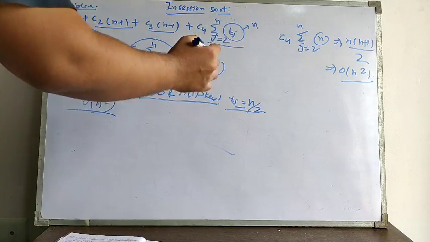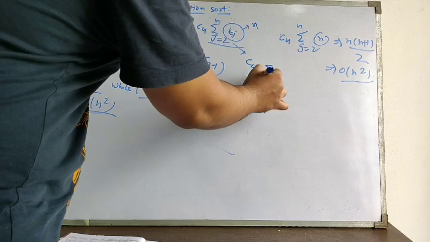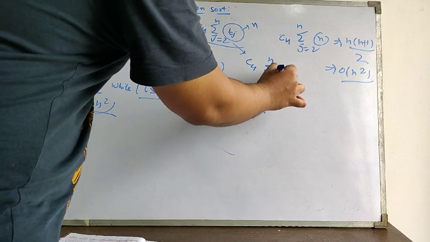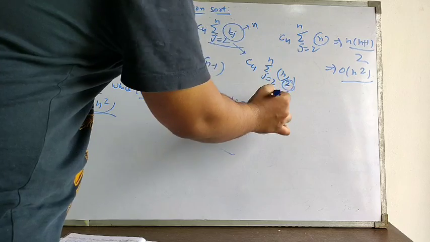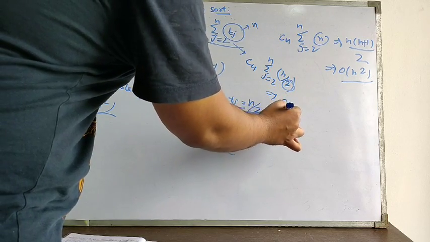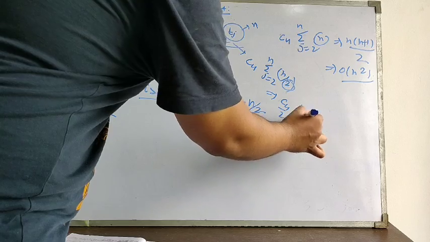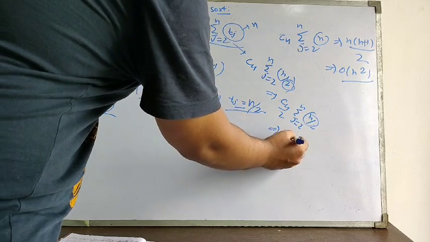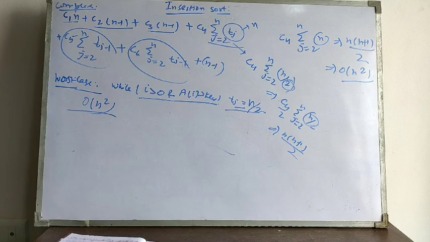If I calculate C4, j equal to 2 to n by 2, this constant term will come out. So there will be C4 by 2 and j equal to 2 to n by 2. This will again be in the form of n into n plus 1 by 2. So the average case time complexity for insertion sort is also order of n square.